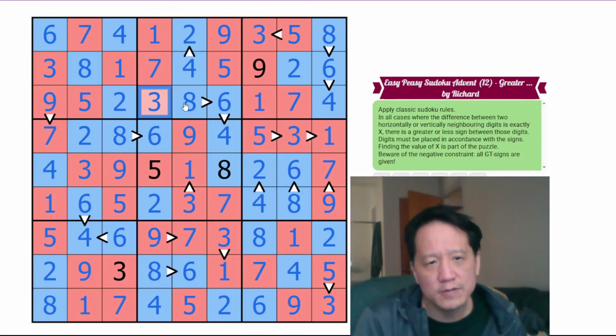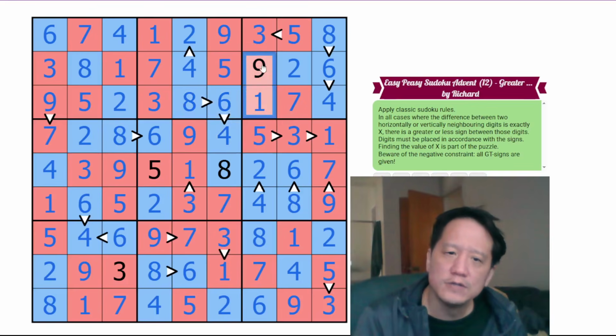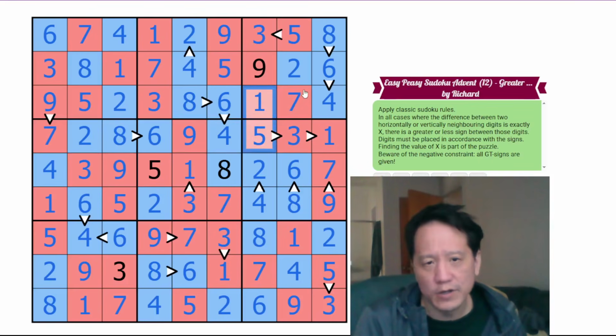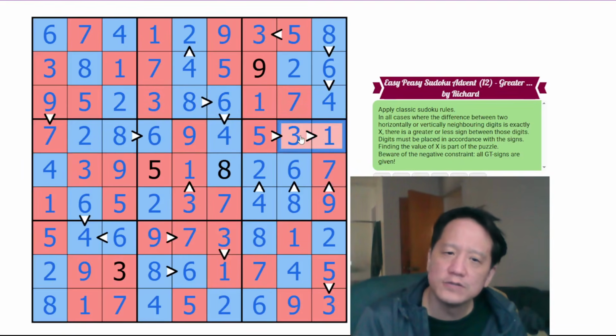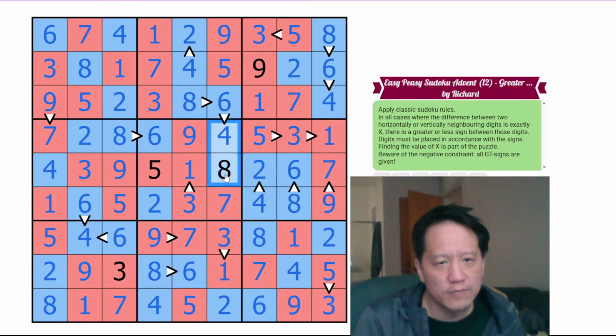We already did that. 8, 6, and 4 away. 4 away, greater than. So anything previous we don't have to do, I guess. 6 away. This is greater than. 4 away, greater than. 4 away. Greater than, 4 away. 8 away. Greater than, 6 away.